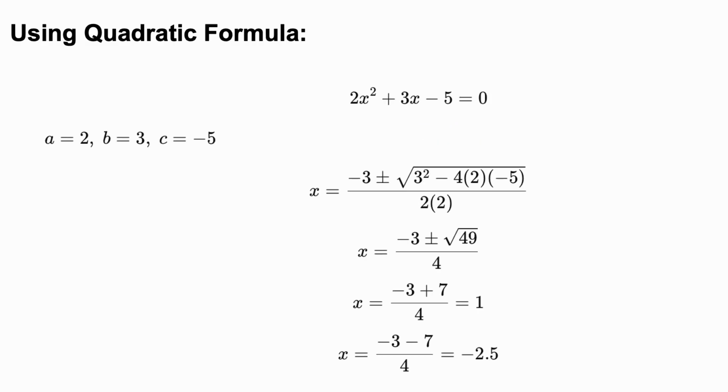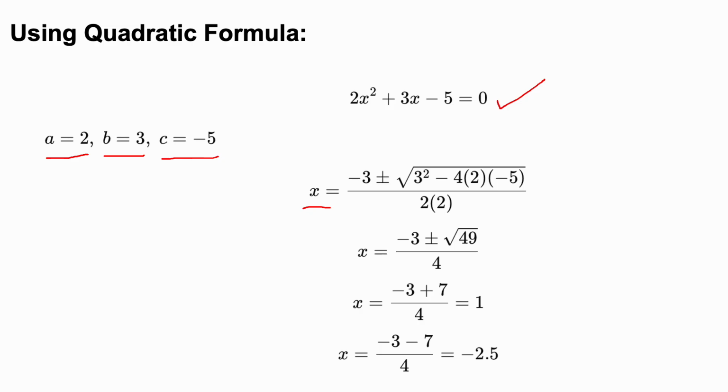Let us use the quadratic formula on a real problem. Check out this equation: 2x square plus 3x minus 5. Here a is 2, b is equal to 3 and c is equal to minus 5. So now I will put the values of these quantities in the quadratic formula.